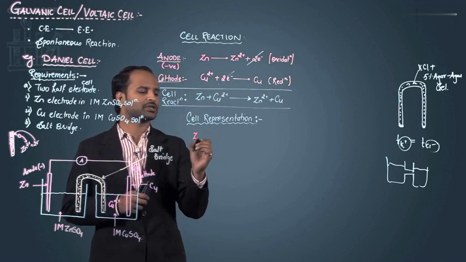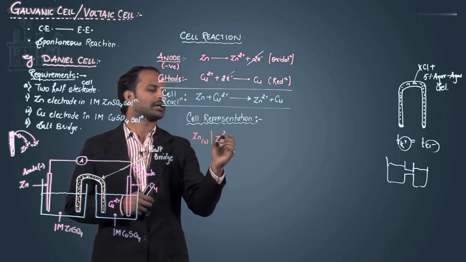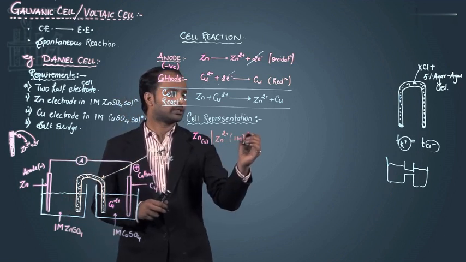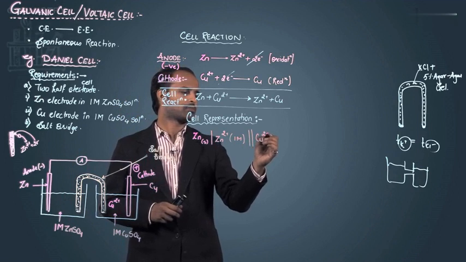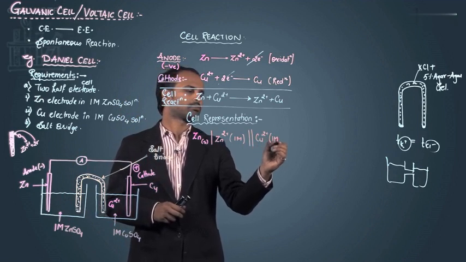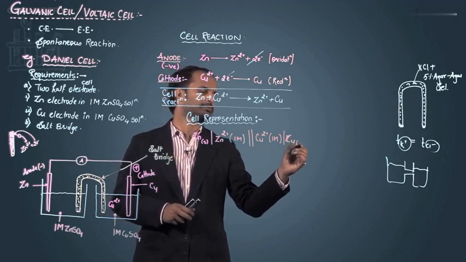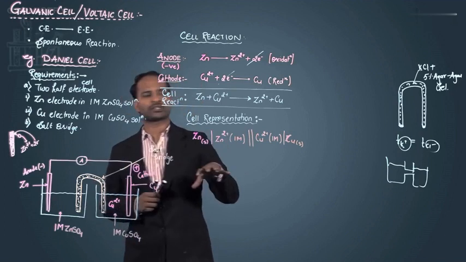The cell representation is zinc in solid state, zinc 2 plus which is 1 molar, and then copper. This is the cell representation for the Daniell cell.